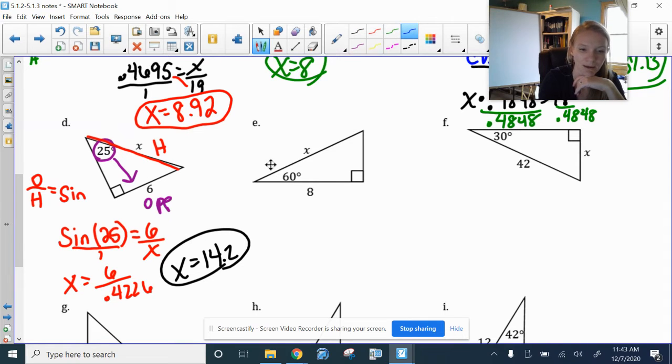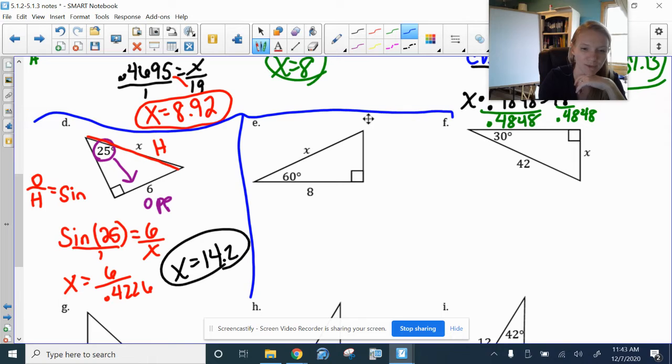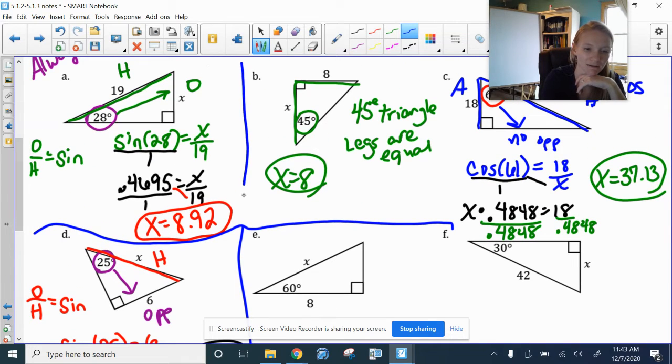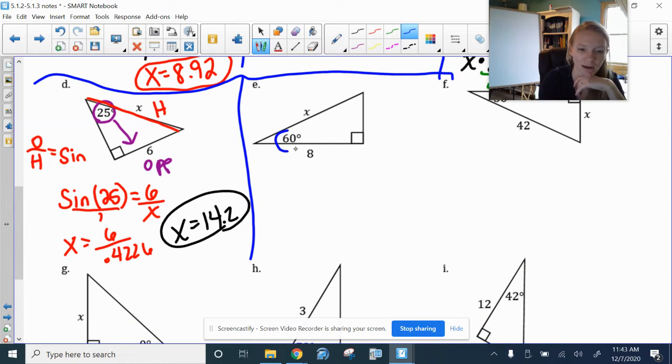Okay. On the next one, more of the same. The more you do these, the easier they're going to get. Just try to draw some lines in here real quick. So here I have my angle. There is, again, no opposite this time, so I'm not going to use sine. I do have an adjacent side, and I have a hypotenuse.